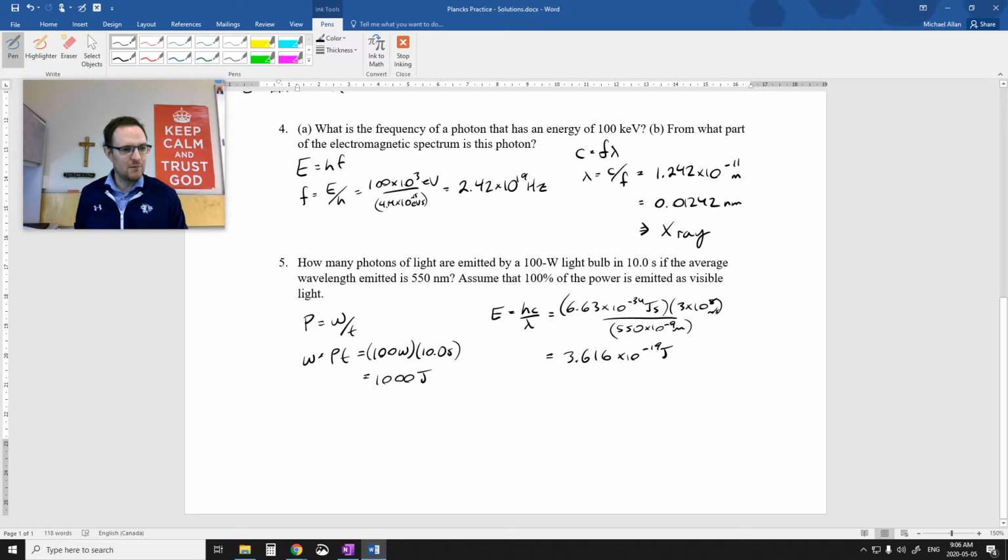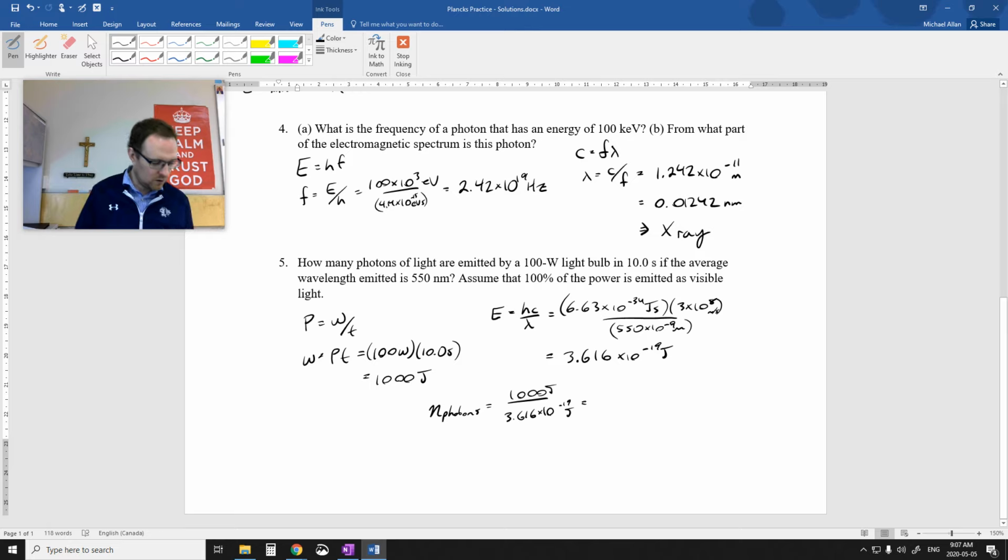I have to figure out how many of these smaller numbers can fit into this large number here, this 1,000. So let's just say n, the number of photons, is equal to 1,000 joules divided by this 3.616 number.